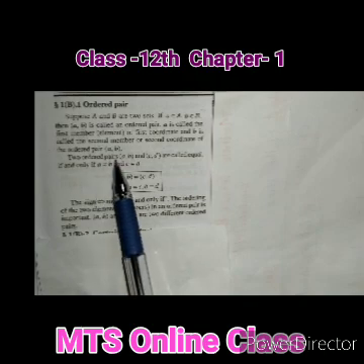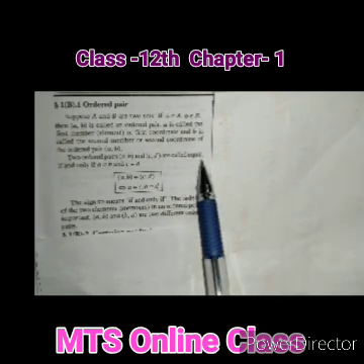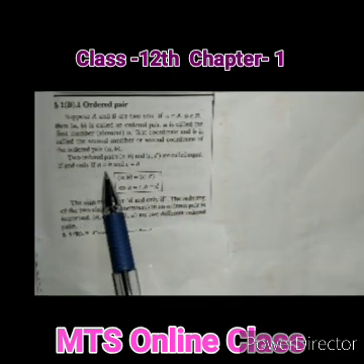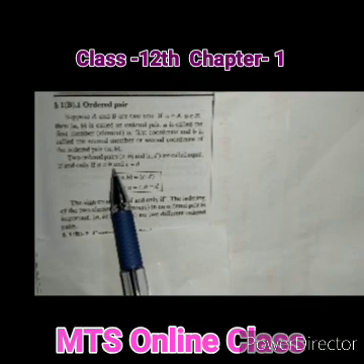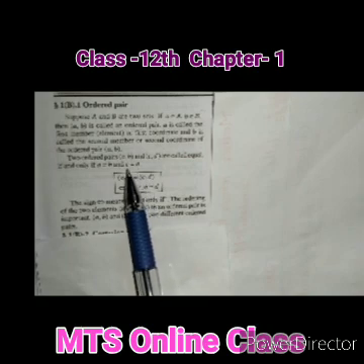Two ordered pairs (a, b) and (c, d) are called equal if and only if a is equal to c and b is equal to d.